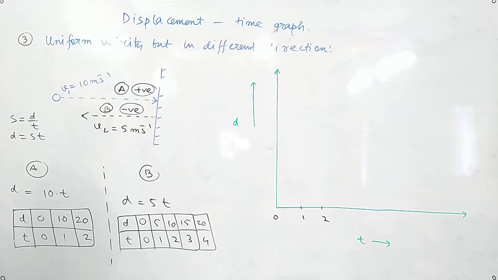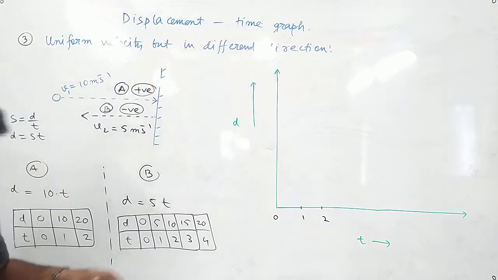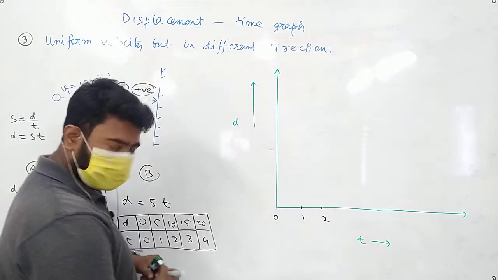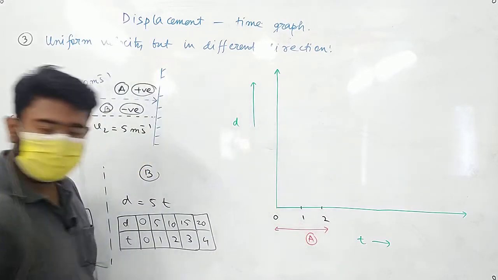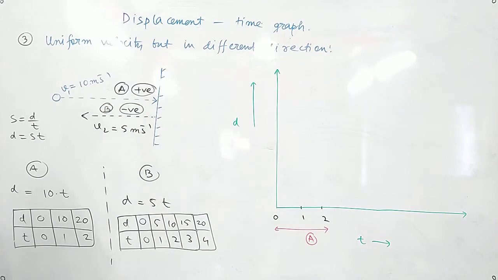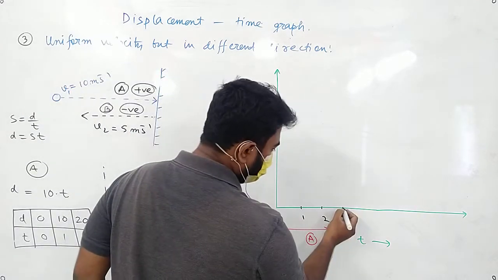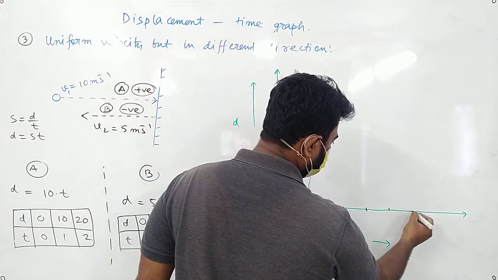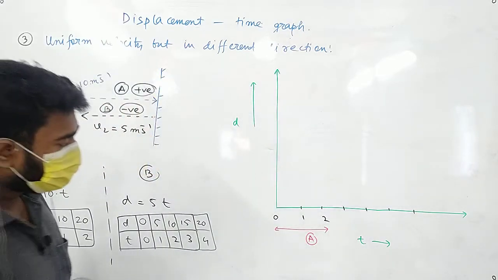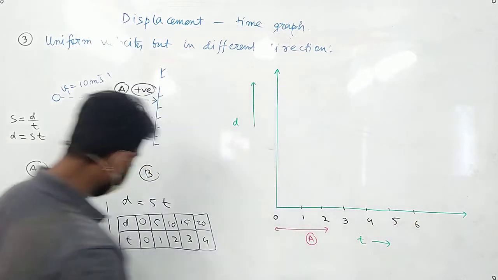0 is counted, right? Let me see. And then B starting. This is the portion of the incident A. Let us see incident B. 3, 4, 5, 6.